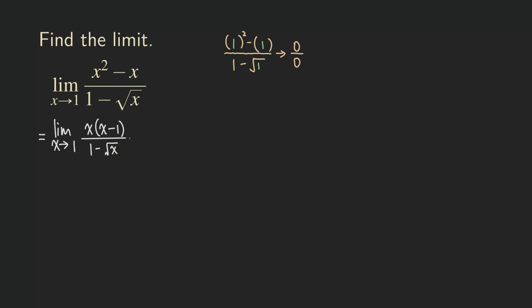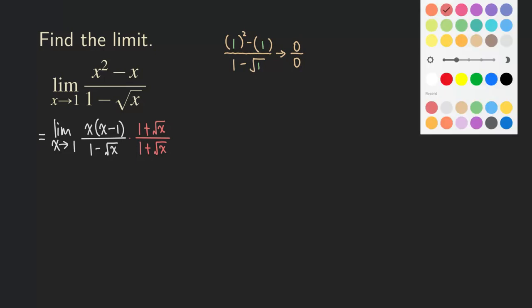If we multiply the denominator by its conjugate, 1 plus square root of x, that's actually changing the problem. So we need to do the same thing in the numerator so that we are multiplying by 1. Make sure that we don't change the problem, so we multiply the numerator and the denominator by the expression.